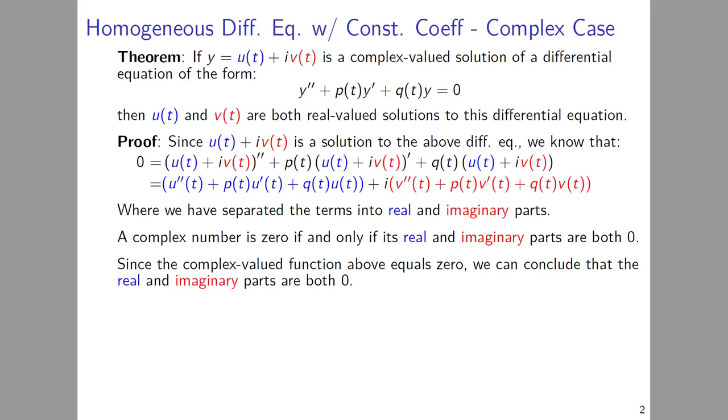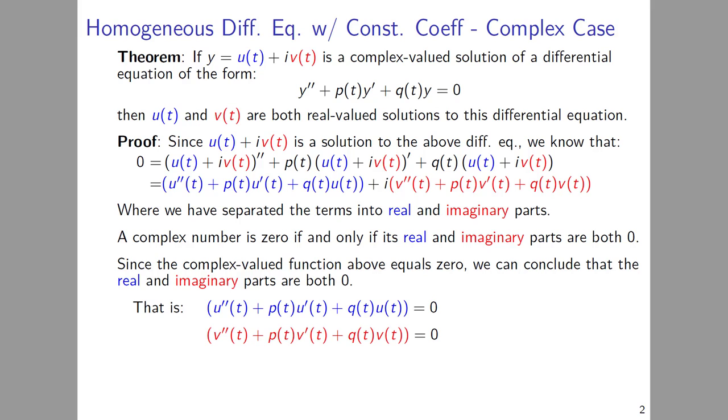And since the complex valued function above equals 0, we can conclude that the real and imaginary parts are both 0. That is, u double prime of t plus p of t times u prime of t plus q of t times u of t is equal to 0, the real part equals 0, and v double prime of t plus p of t times v prime of t plus q of t times v of t is equal to 0 as well.